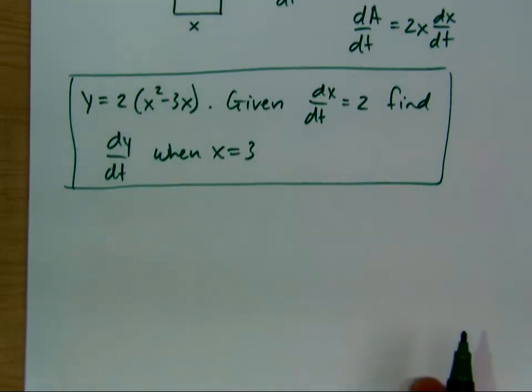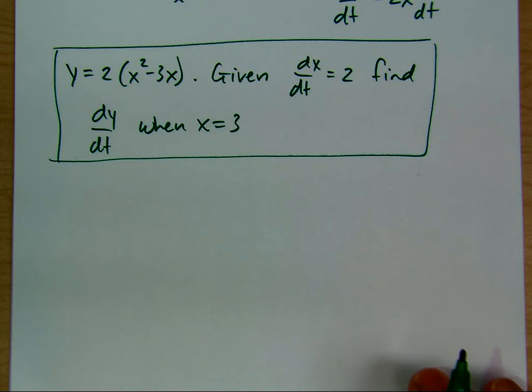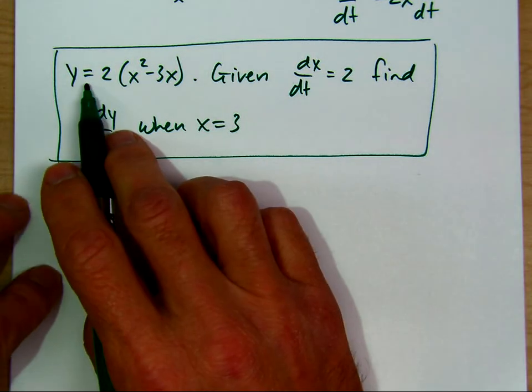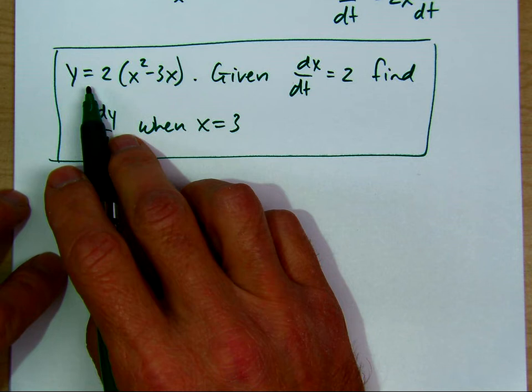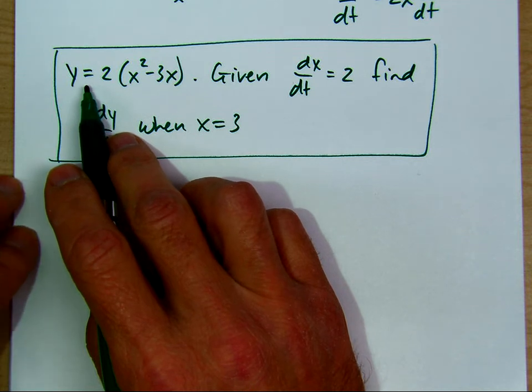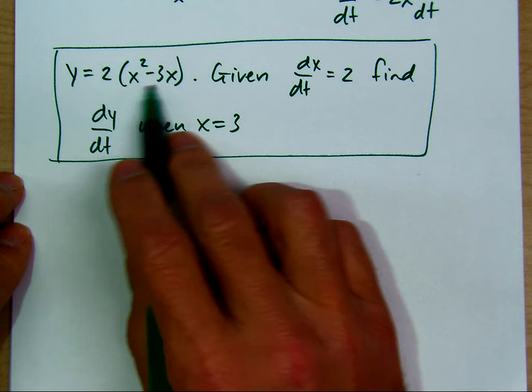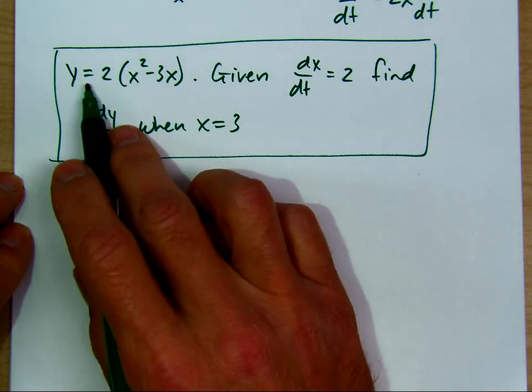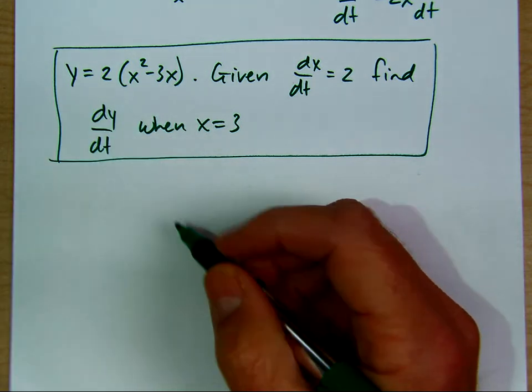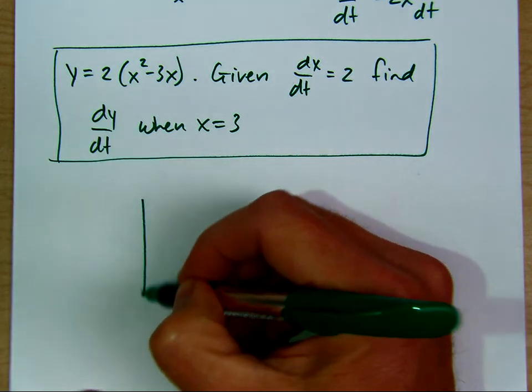So here's one type of question for related rates. The relation is given. A lot of times the relation is a geometric relation that you have to remember, but here it's given, and we can just organize it like this.